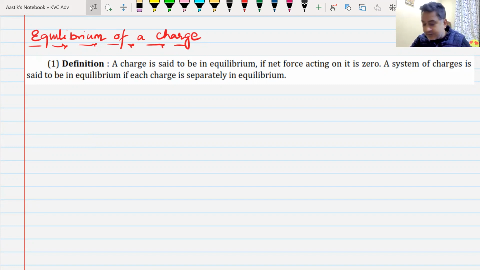Okay. What are the three types of equilibrium? Any idea? One is mechanical equilibrium, sir. One is mechanical equilibrium. Another is chemical equilibrium. Third one is thermal equilibrium. Yes or no? No.